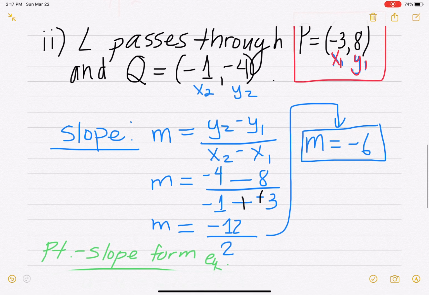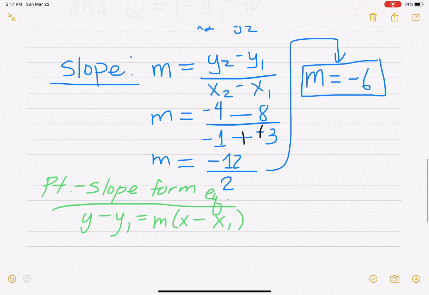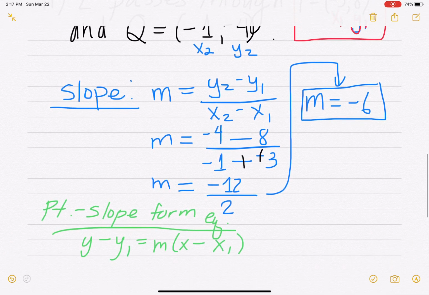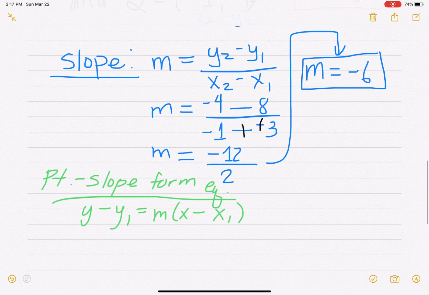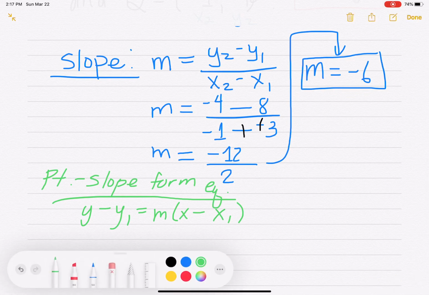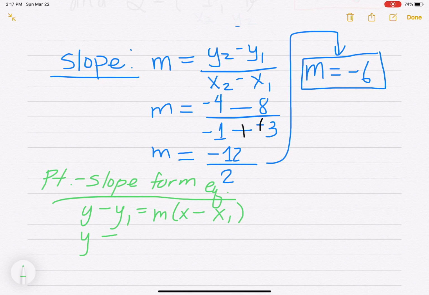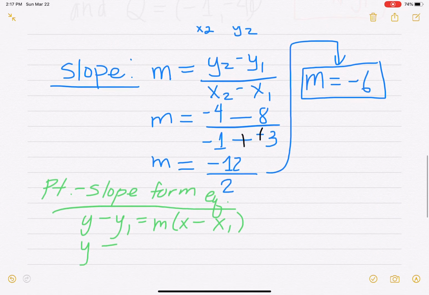Now, can you use x2, y2? Yeah, you can actually use the x2, y2 if you want rather than x1, y1, but I'm going to use x1, y1 in my point-slope form. And for my slope, I got negative 6. Okay. So here we go. We have y minus y1. What was y1? y1 was 8.